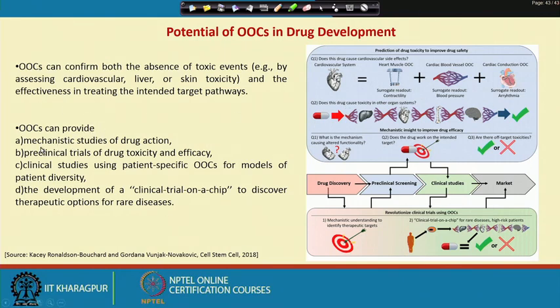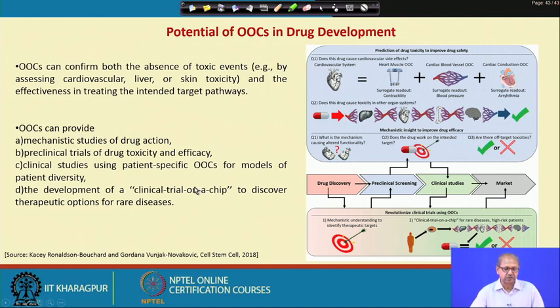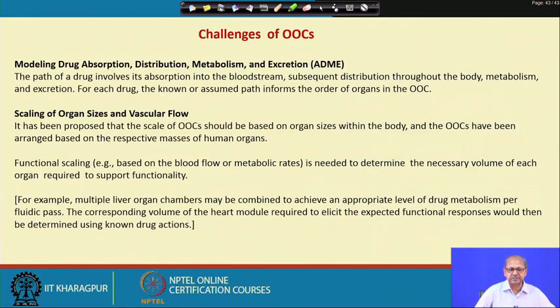So, organ on chip can provide mechanistic studies on drug actions, preclinical trials, clinical studies using patient specific organ on chips, and lastly clinical trials on chip to discover therapeutic options for rare diseases. Organ on chip has a huge application in the coming fields, but there are a lot of challenges.